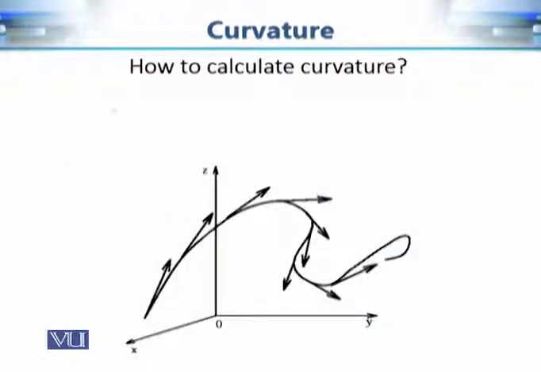Given any curve beta, we impose the condition that it should be unit speed. If it is unit speed, then at each and every point on the curve we have a unit velocity vector. So these are the velocity vectors at each and every point.